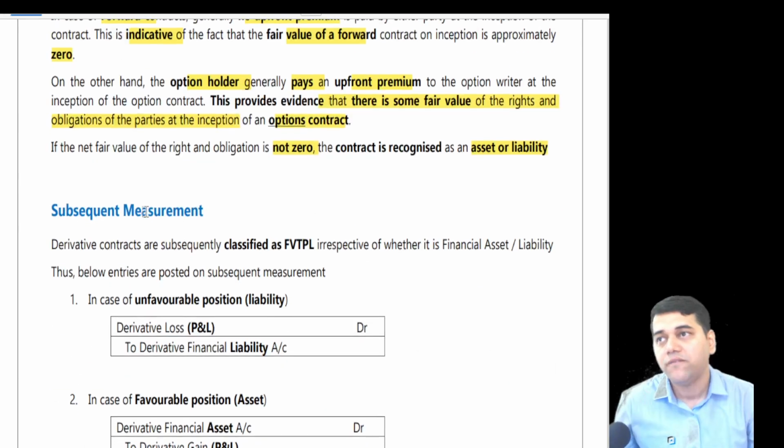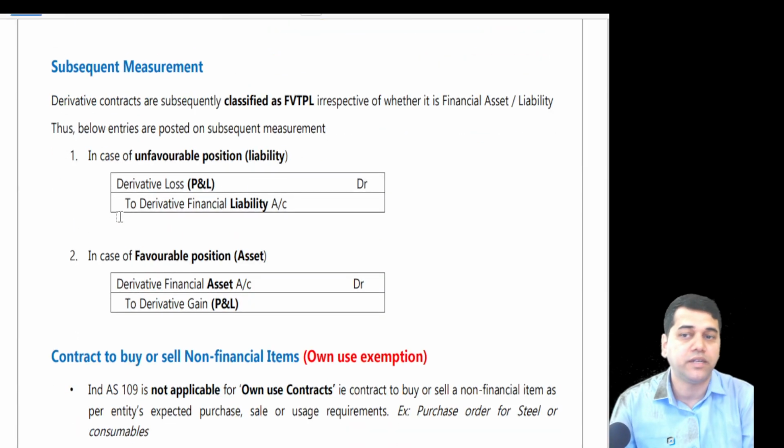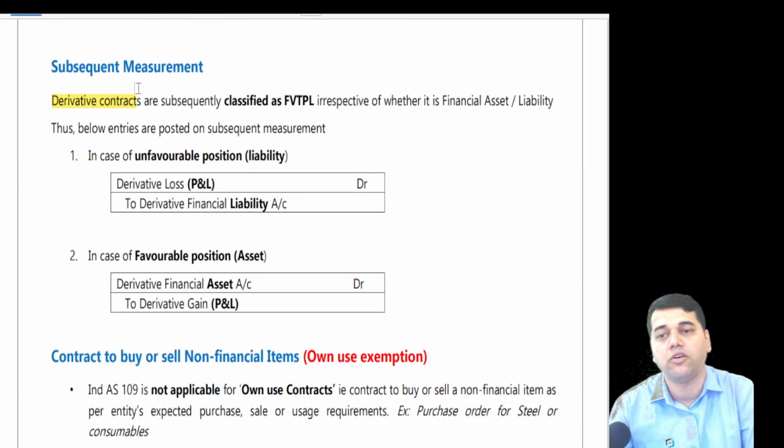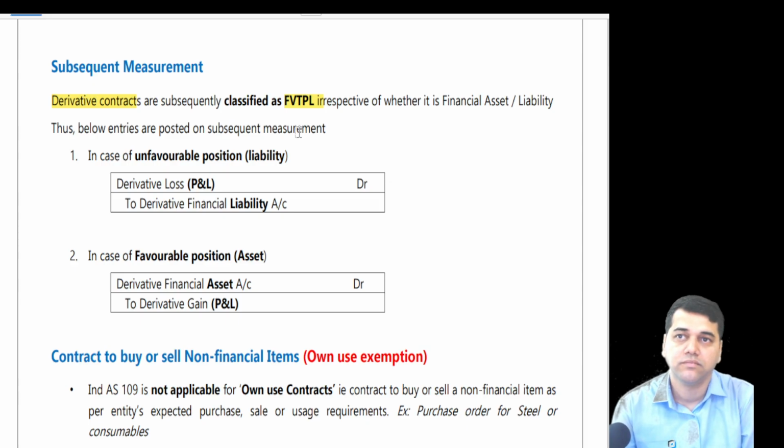From next day onwards, subsequently, derivative contracts, whether you call it asset or liability, are always held at FVTPL. That means you will always find the fair value differential amount and take it to the P&L account. Thus, you have got only two accounting entries.